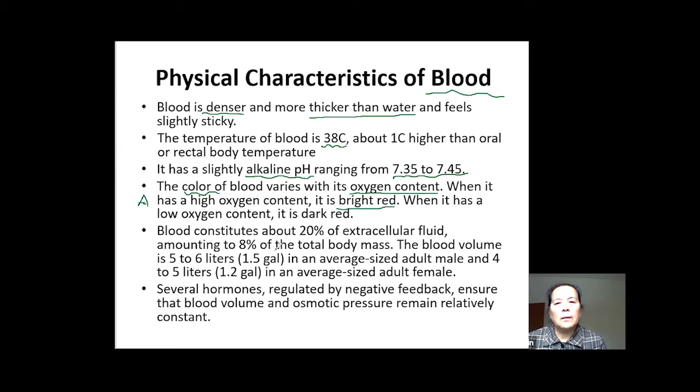When there is low oxygen, that is basically the veins, except the pulmonary vein, and that is dark red. So basically, if you see bright red blood, that's more oxygenated blood.